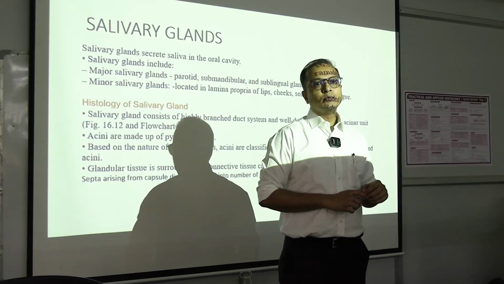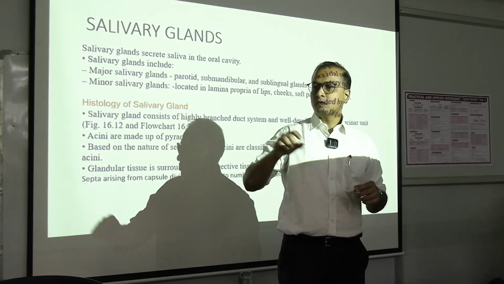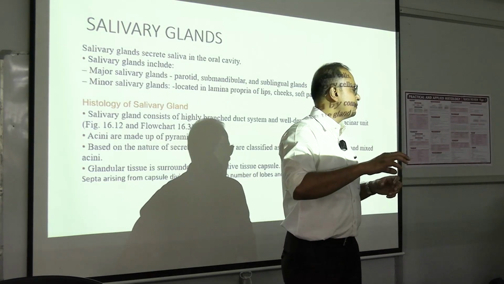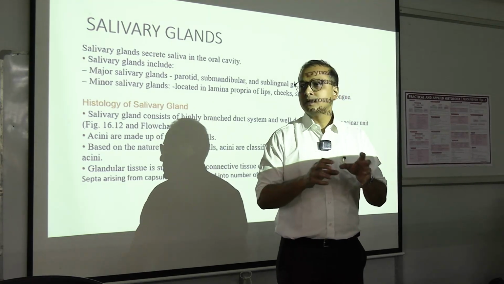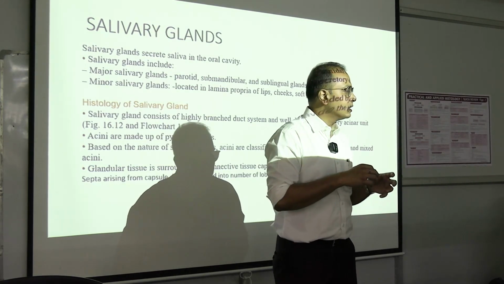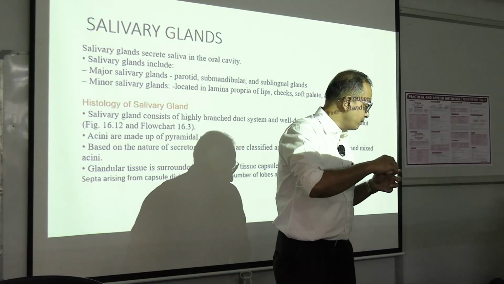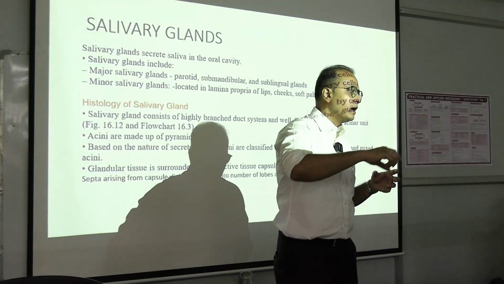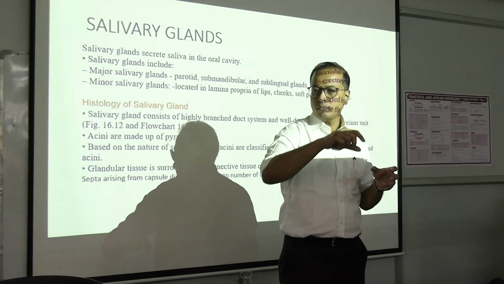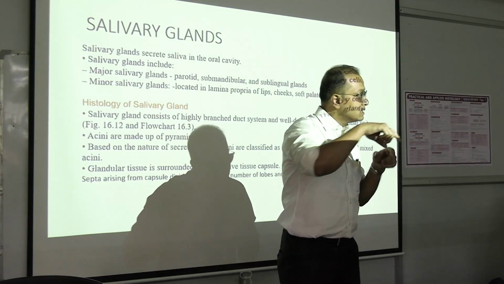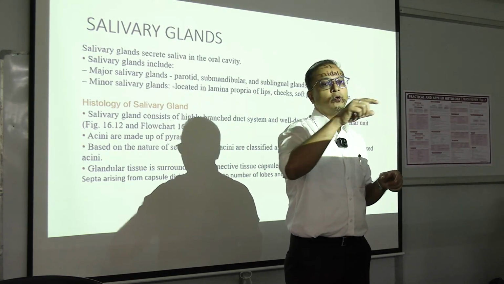Now, we have a duct, we call it the main duct of the main salivary gland, that branches into smaller branches. The ones going in between the lobes we call lobar branches. So, main branch to the lobar branch, and then if it is going in between the lobes, we call it an interlobular branch, and if it is going inside the lobe we call it an intralobular branch.